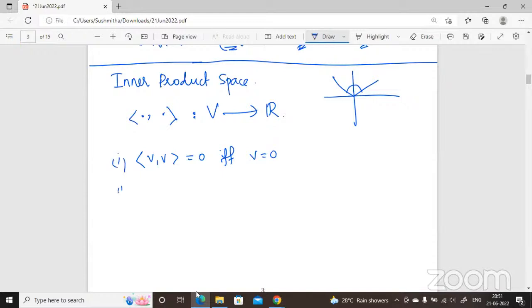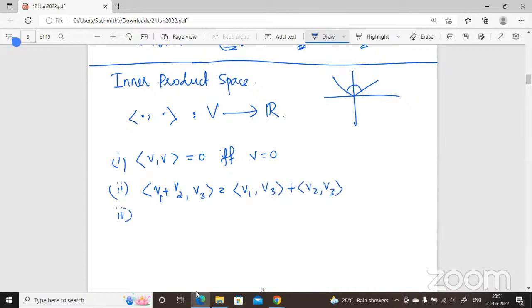Then linearity: V1 plus V2 comma V3 is V1 comma V3 plus V2 comma V3.